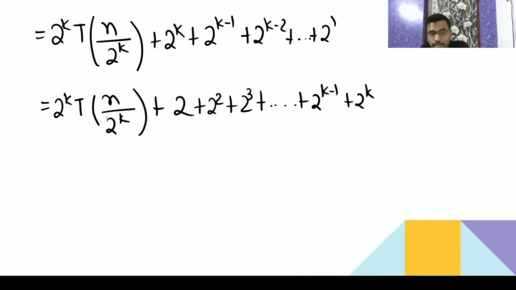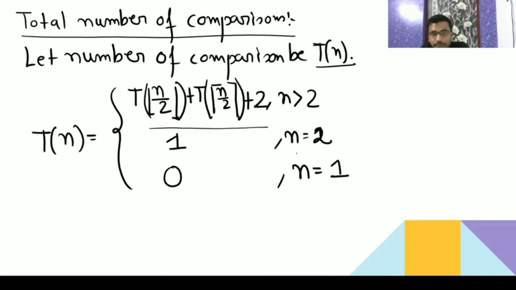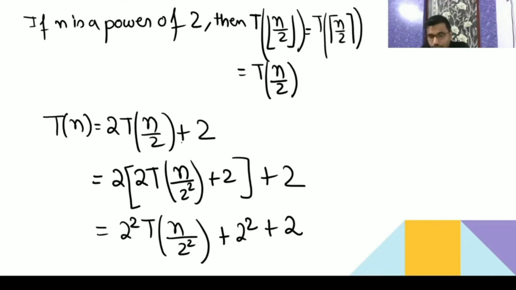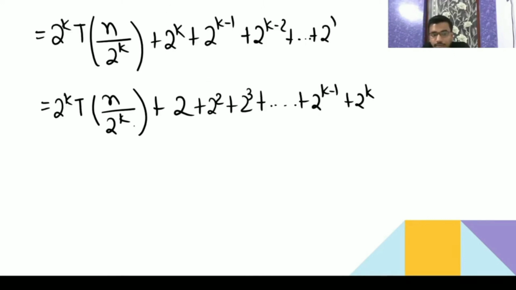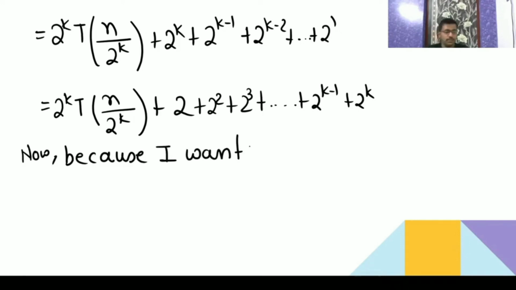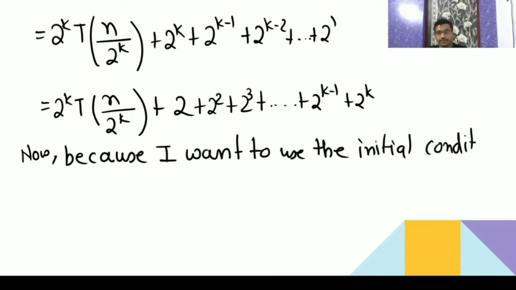Now what I will do: when n is equal to 2, I am getting one comparison. Since I need to substitute n equal to 1, I need to make n by 2 to the power k equal to 2.